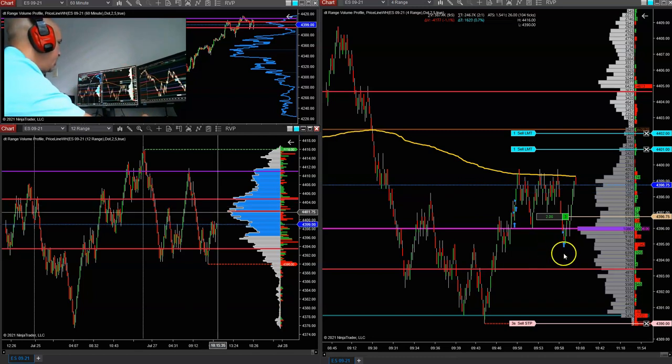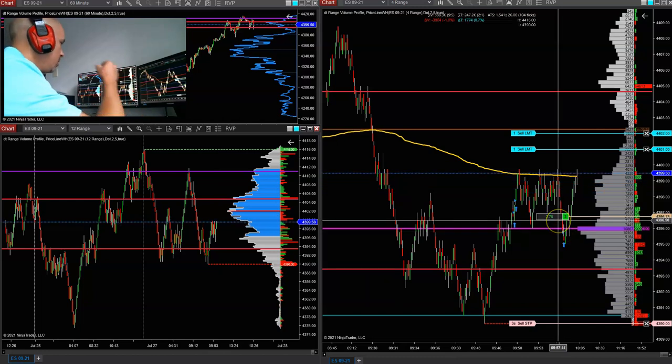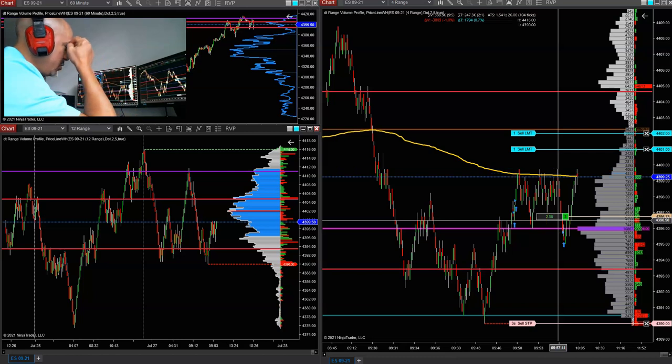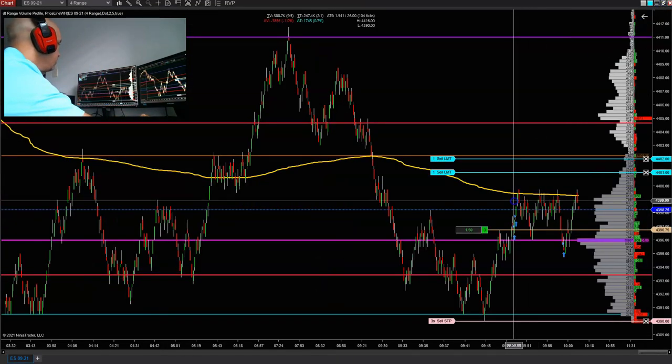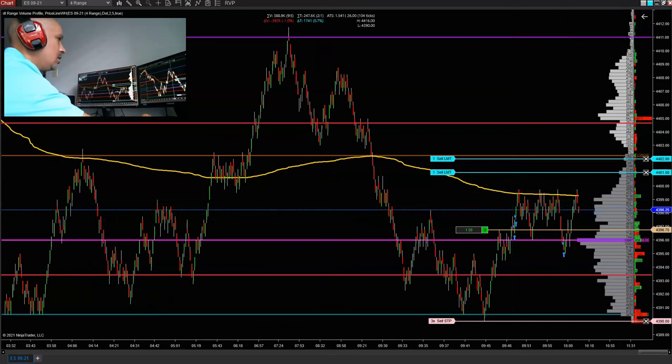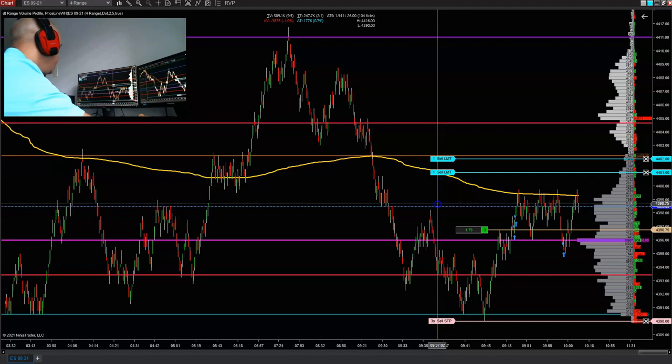Okay, and I just mentioned price will come down and probably hit 43.95, and then probably want to push higher. So now we're moving, and the goal is for price to come down and fill us, but we're still having a hard time taking this area here out.